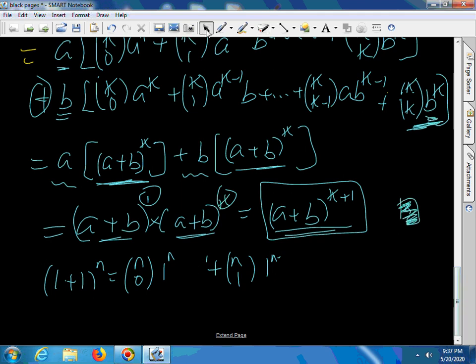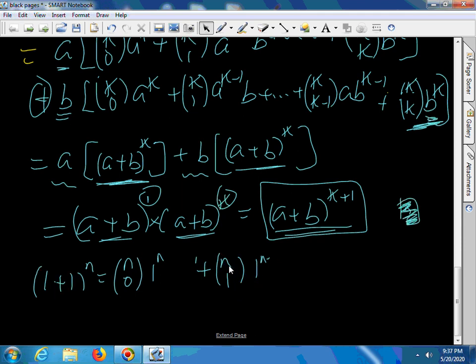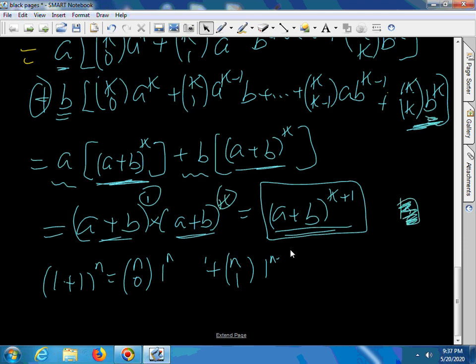So maybe we'll move this over. It doesn't want to be moved alone. Okay, so plus, I don't want to do it in blue for some reason.